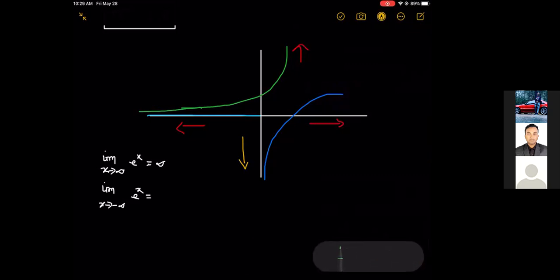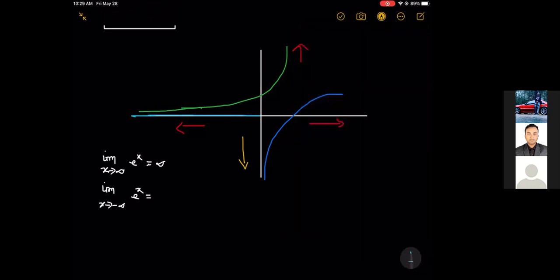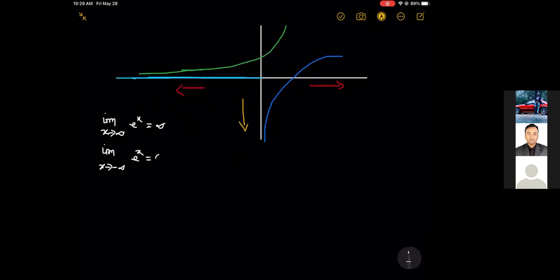This sky blue color is where y is 0, because that's the x-axis. So you can say that it is heading towards 0. Okay.